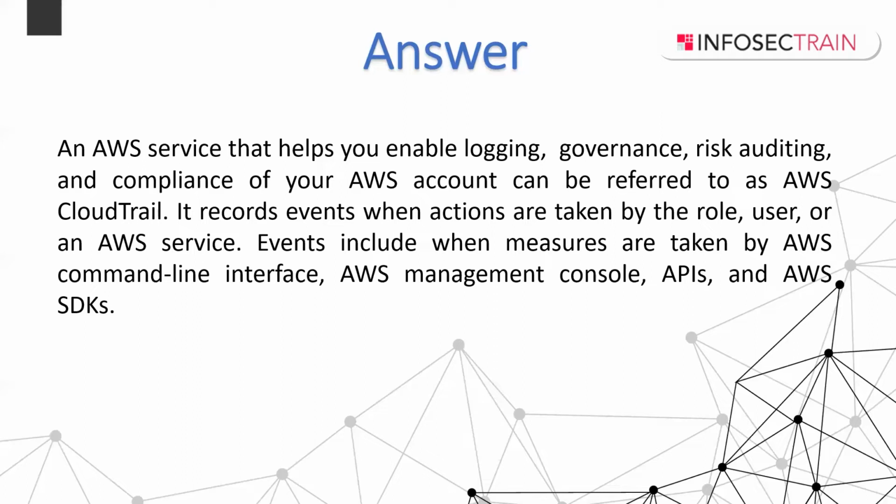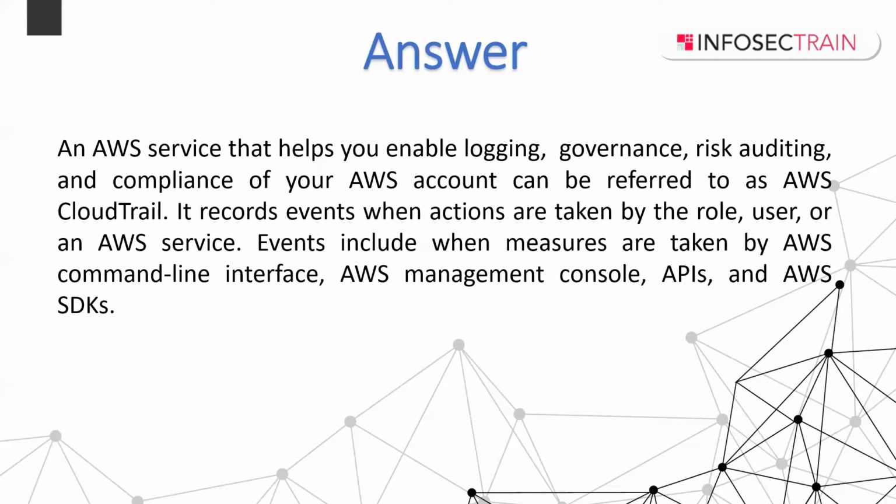Now it can be configured to store data indefinitely in S3 or CloudWatch Logs. So after 90 days, if you want to keep logs, you can move your logs from CloudTrail to S3. And it is very often used to diagnose security or performance issues. CloudTrail events can be of two types: management events or data events.